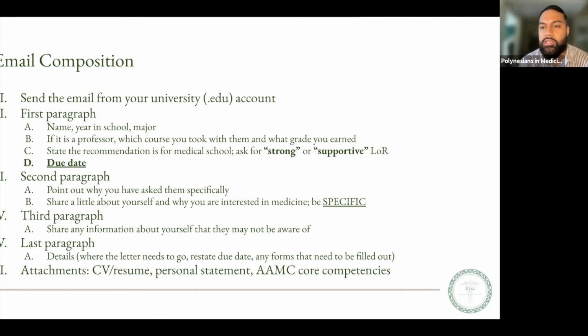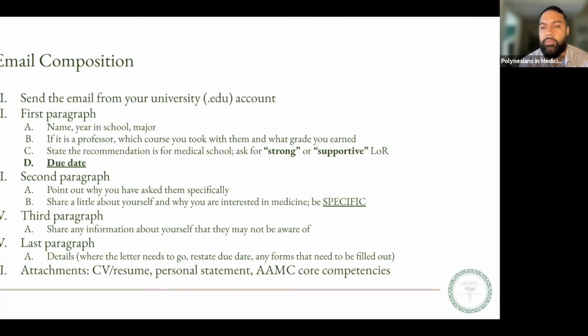And then the AAMC core competencies. I wasn't aware of this until more recently, but they're basically core skills, qualities, values, or characteristics that the AAMC is looking for in entering medical students.